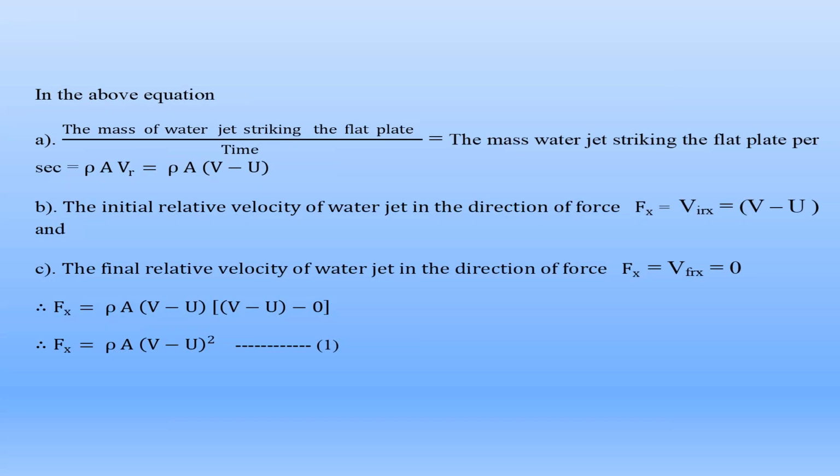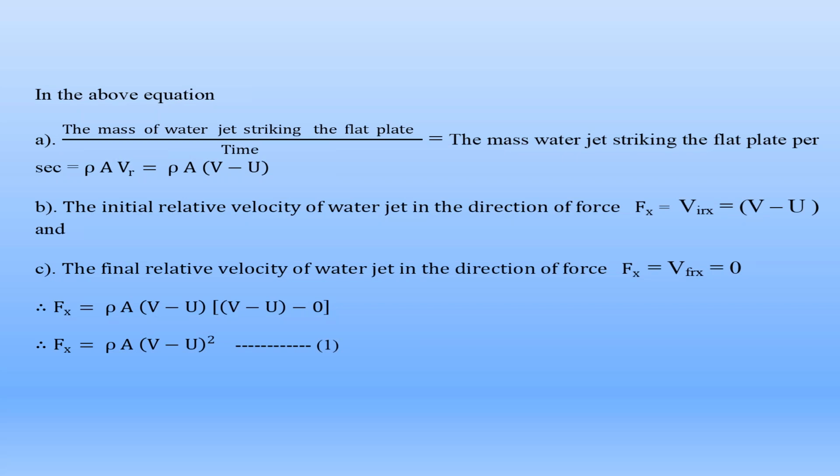So substitute these values in the force Fx calculation. You will get Fx is equal to rho A into V minus U into V minus U minus 0. So the force Fx equation is rho A into V minus U whole square.